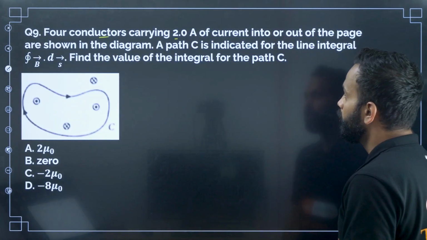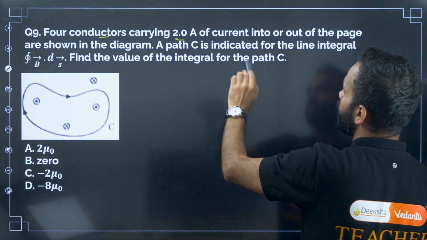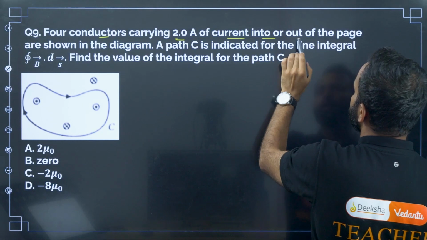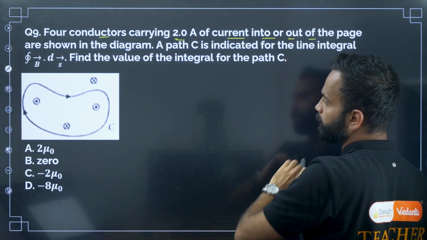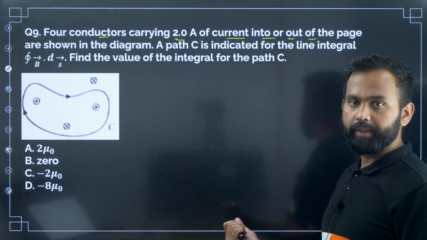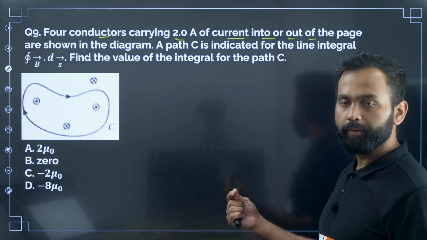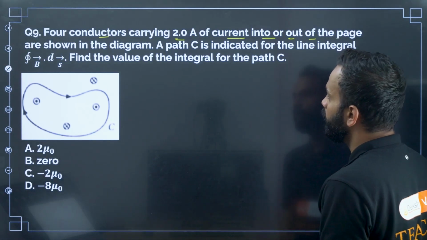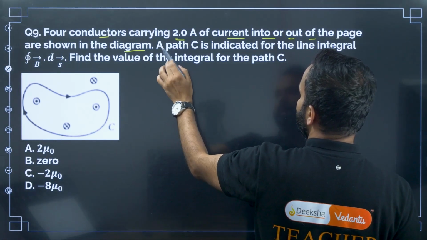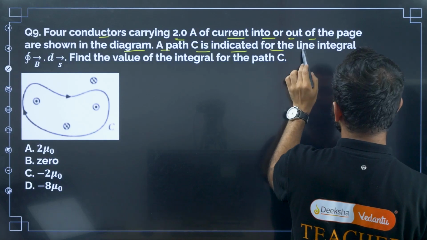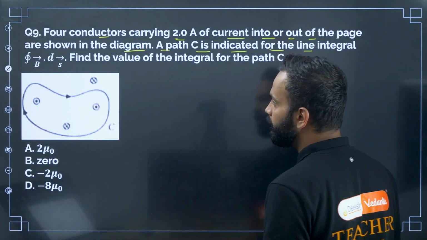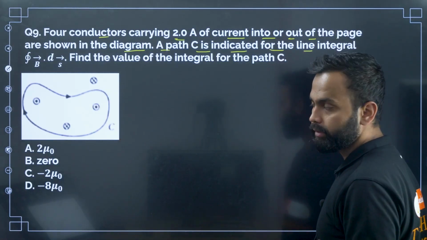Question number 9. Four conductors carrying 2 ampere of current into or out of the page. Let us consider into the page as negative and out of the page as positive, as shown in the diagram. A path C is indicated for the line integral of B vector dot ds vector.